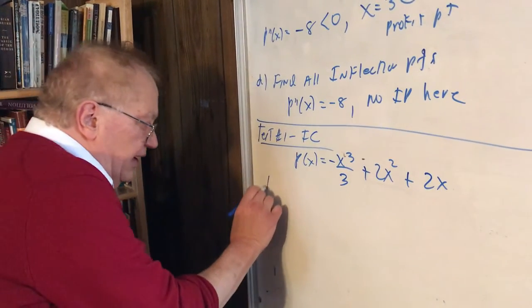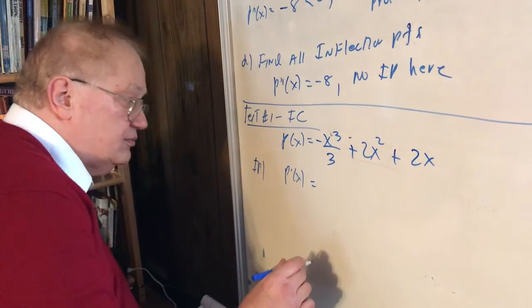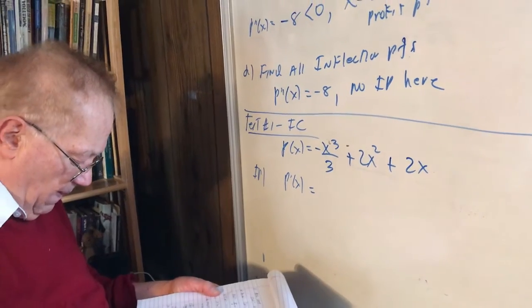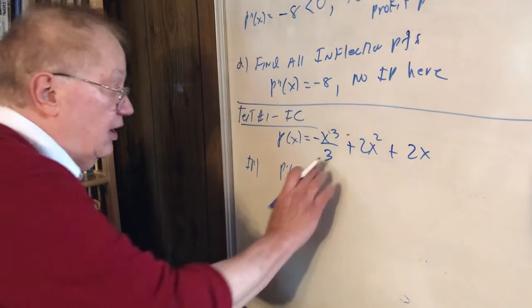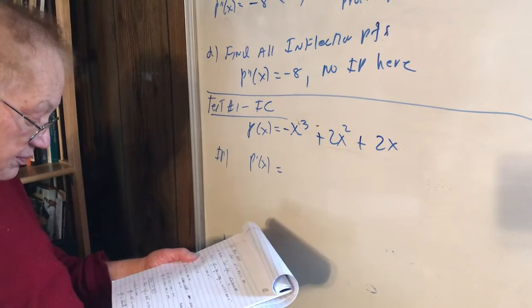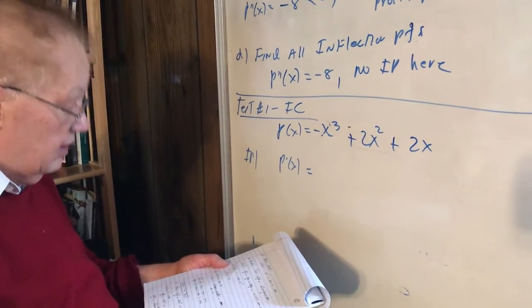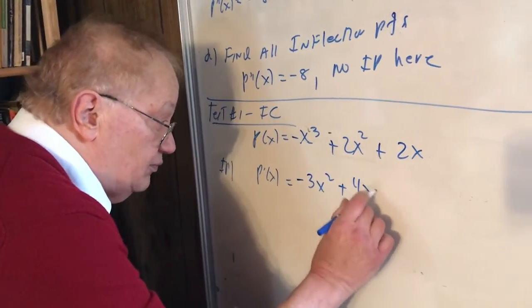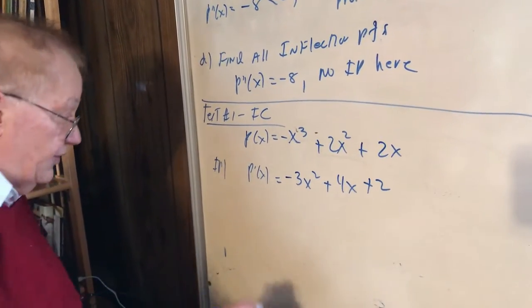Now you want to find inflection points, so you take the first derivative. Okay, the first derivative is going to be minus x squared plus 4x plus 2. And I'm going to take the second derivative.